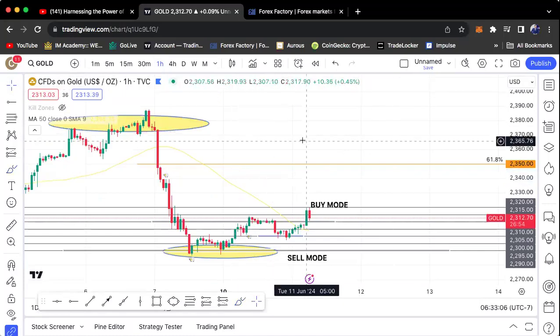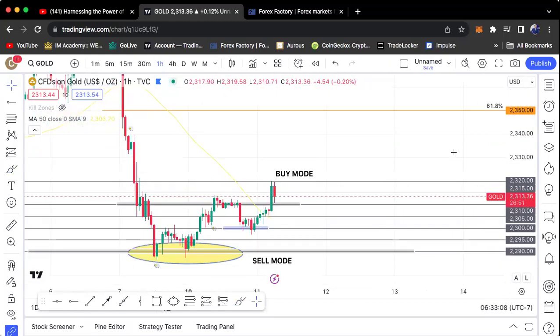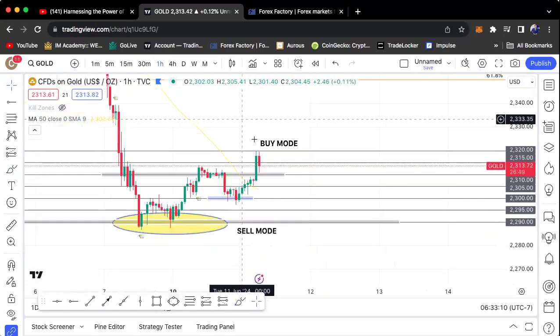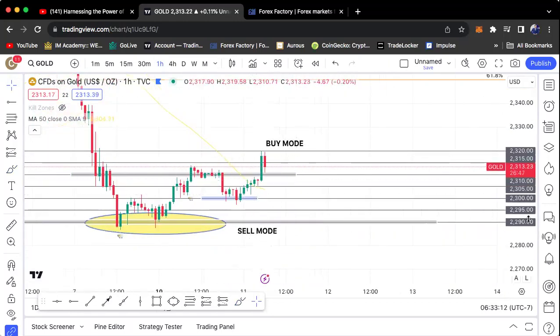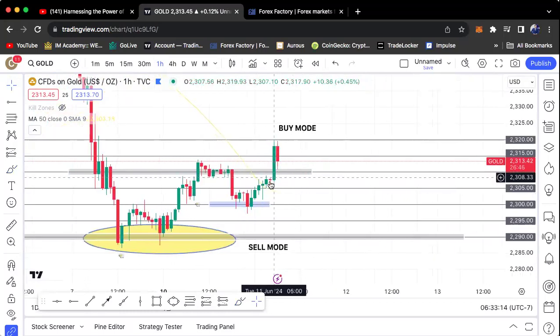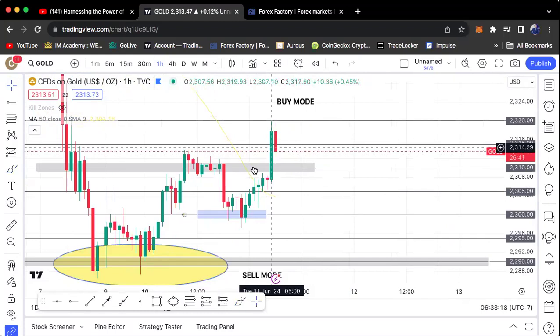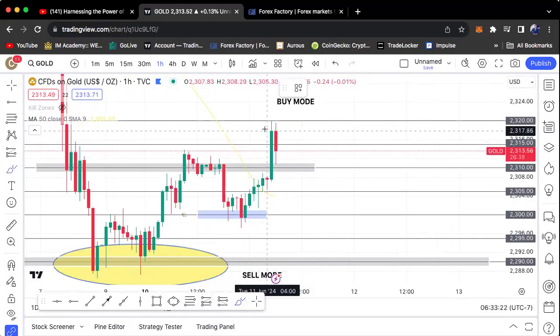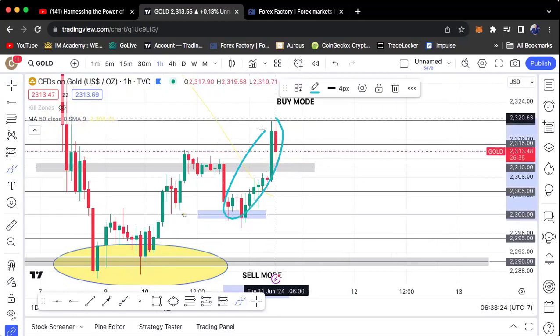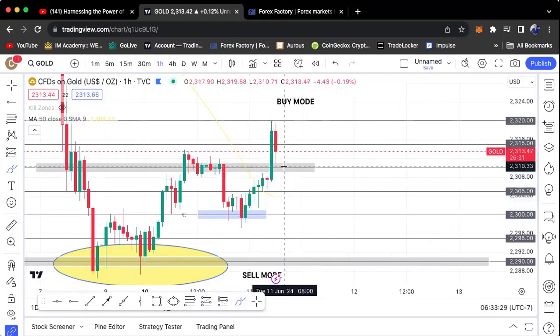When you look at the 1 hour, price crossed above the EMA, and then it broke above the hourly structure. This is London session right here. Price broke above structure. Now it's coming back to retest and it's pushing up.